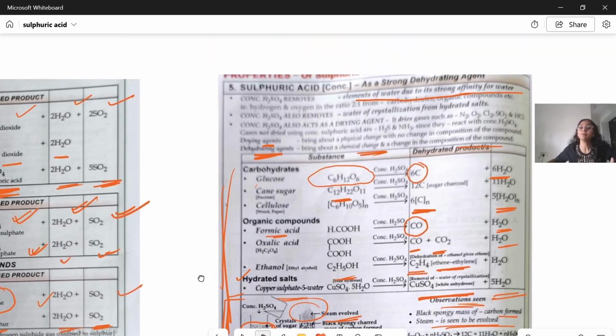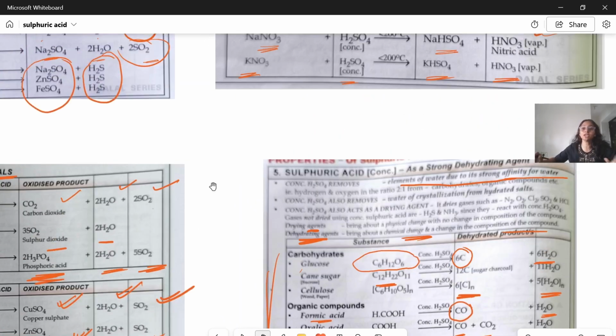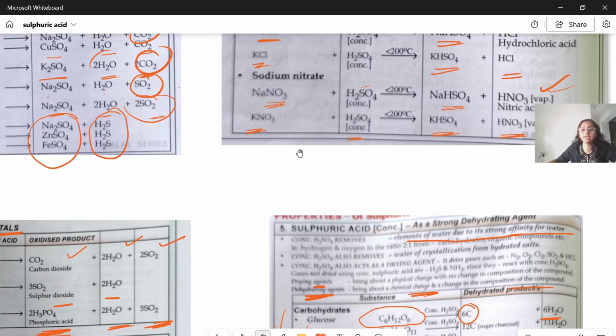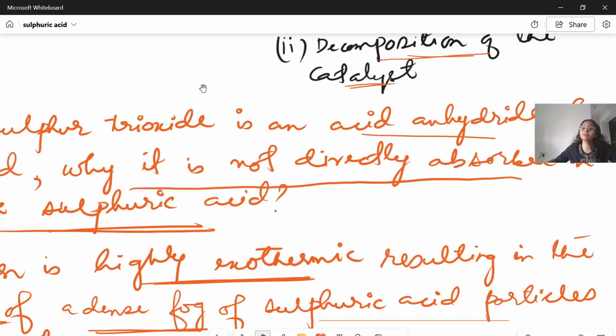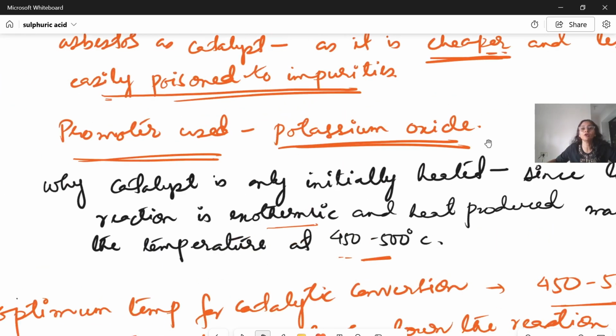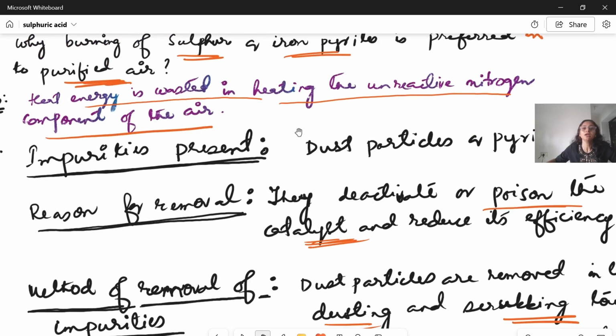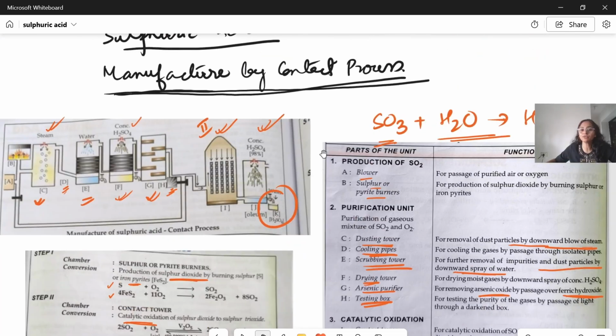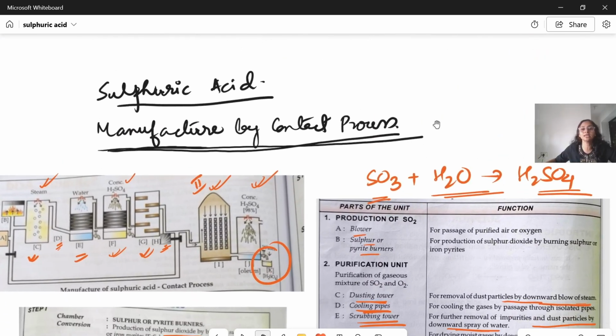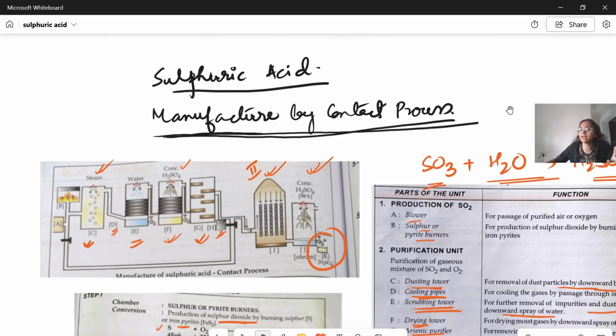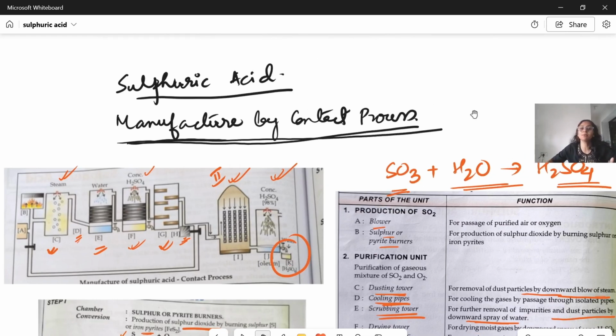So children, that completes our chapter on sulfuric acid. There's nothing beyond this in sulfuric acid; well, I will not say nothing, but I have tried to cover 98-99% of whatever comes from this chapter. I hope my video today helped you understand and gave you a clear idea of what this chapter on sulfuric acid is about.